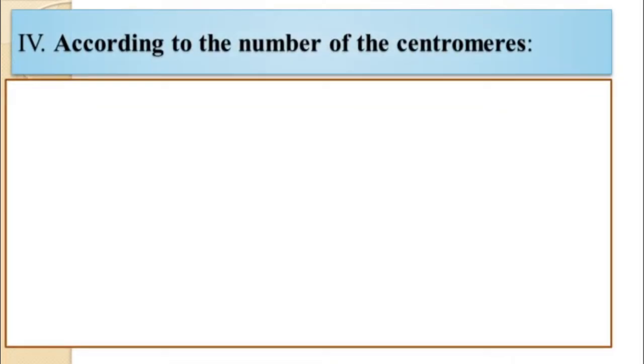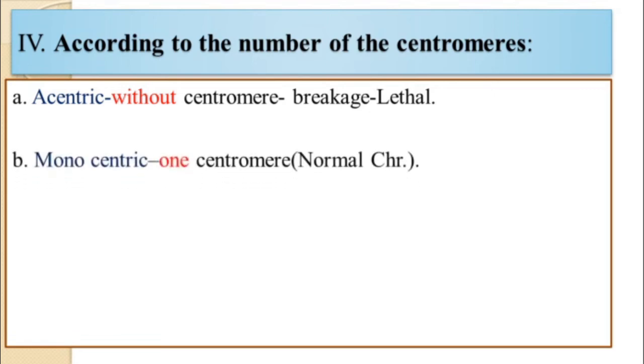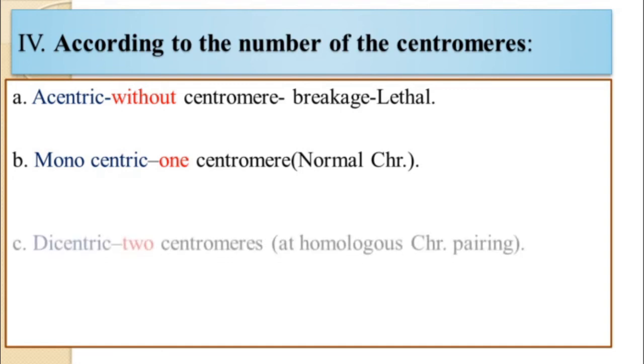Then come to the fourth type of classification of chromosomes according to the number of centromeres. Generally, a chromosome has one centromere, known as monocentric, which is the normal type, but sometimes a chromosome may be divided at the centromere due to breakage of chromosome, which leads to lethal effect.